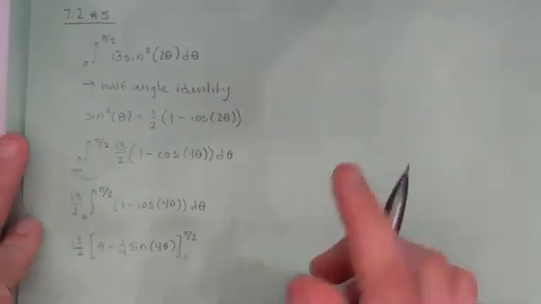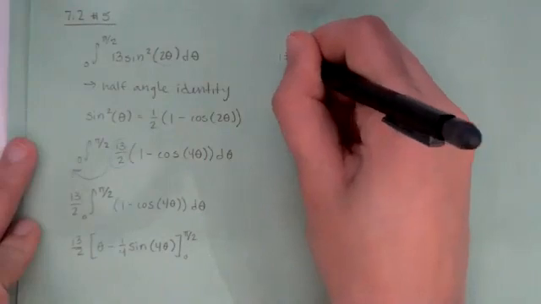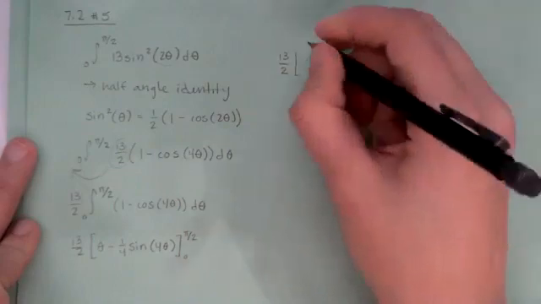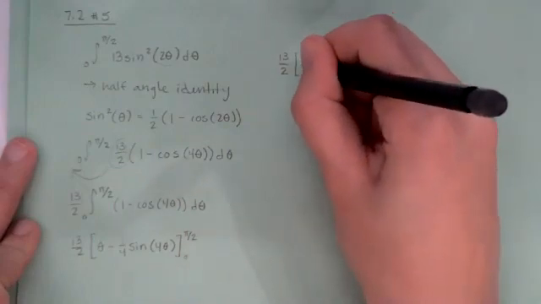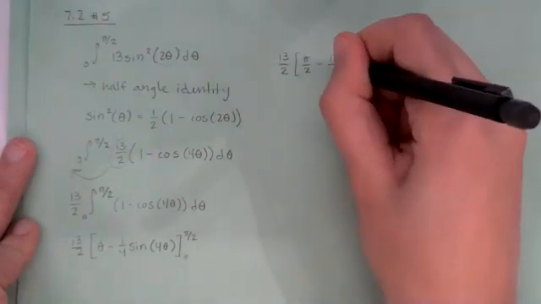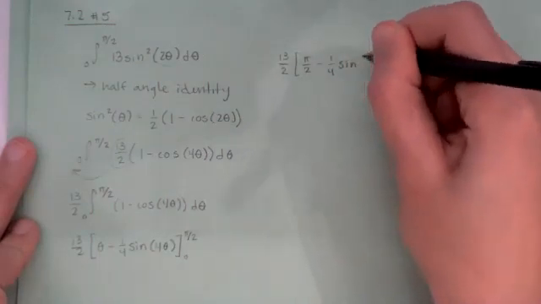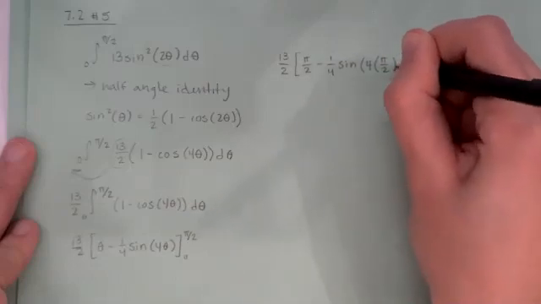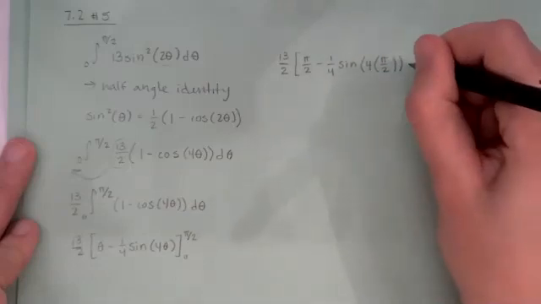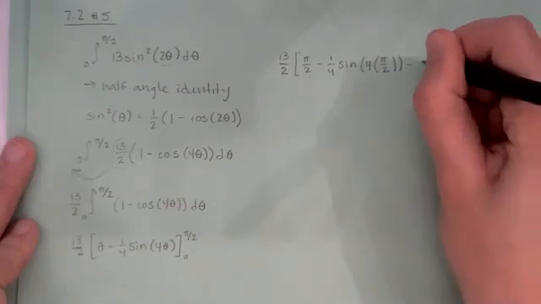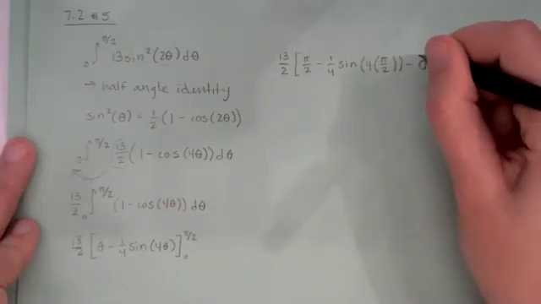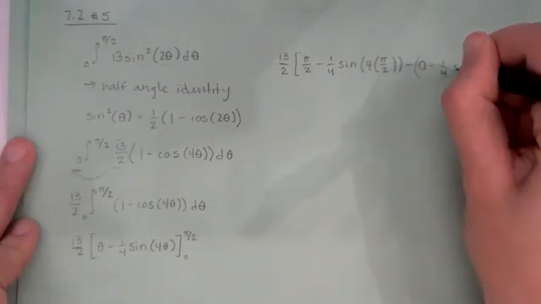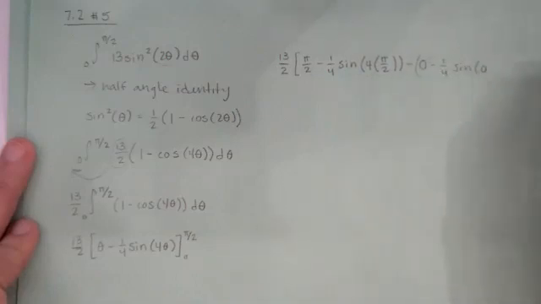So in that case, then you're going to have 13 halves, and that is going to be pi over 2 minus 1/4 sine of 4 times pi over 2, and then minus, actually just going to do parentheses, and then minus 1/4 sine of 0.